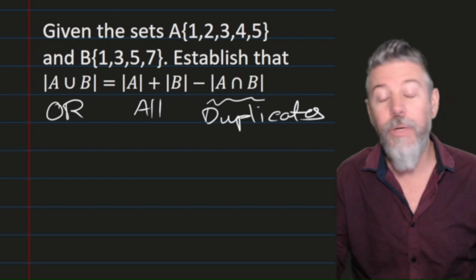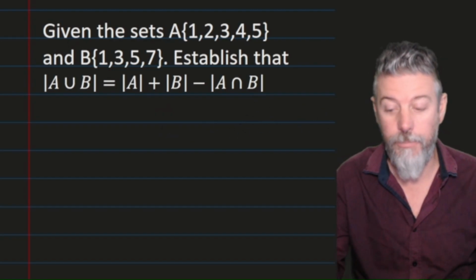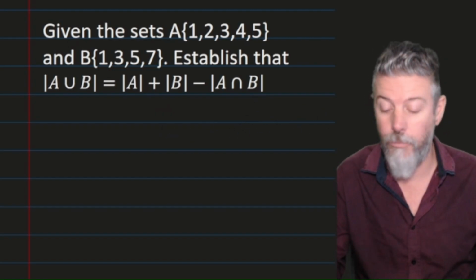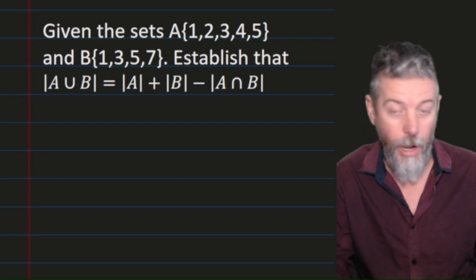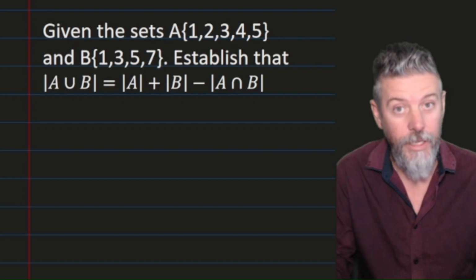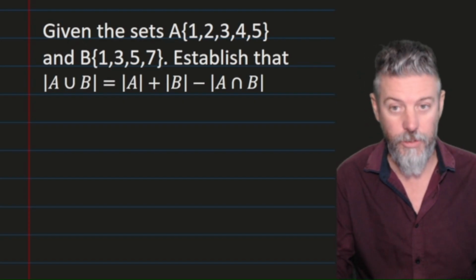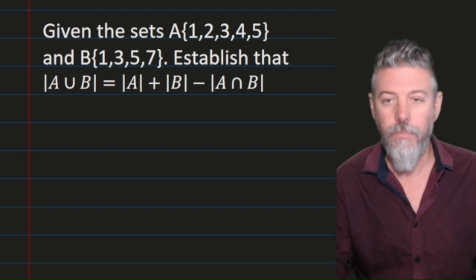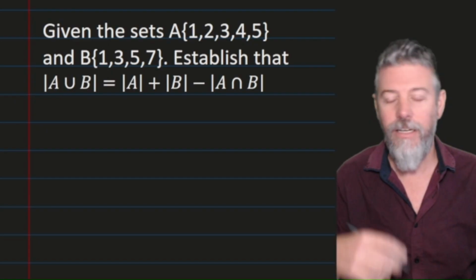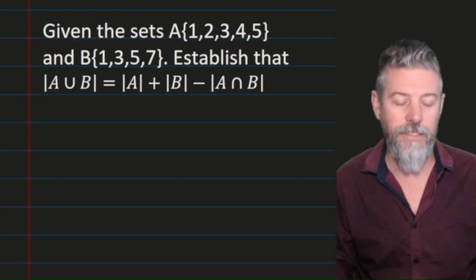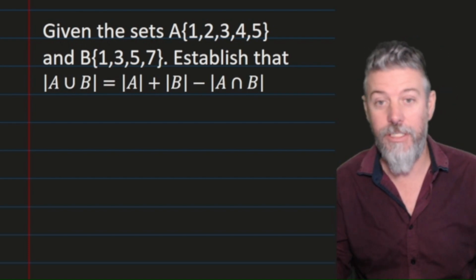Understanding this, we can use it in the future in a range of different ways because we could be given bits of information. We could be given the size of the sets. We could be given the size of the OR relationship. And from that, we could find the AND relationship across the two of them. There are a bunch of types of questions where that happens, such as if there's two groups of people, some like basketball, some like soccer, some like both.